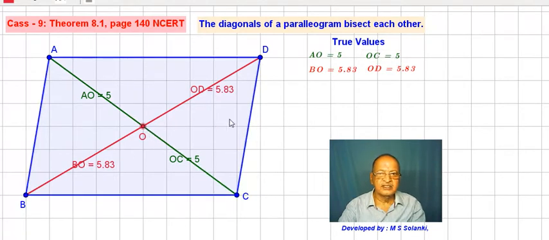BO is 5.83 and OD is also 5.83. If these two are equal, and these two are equal, then point O bisects AC as well as point O bisects BD. So, these are the true values.